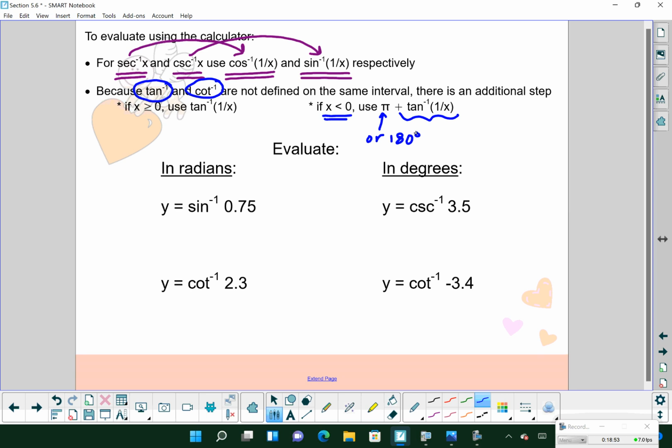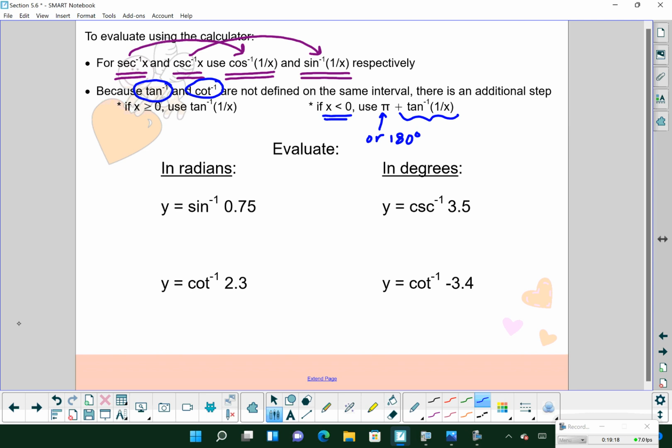Well, that's a half a rotation around my circle. So to adjust for that, rotate a half way around. That would be either by adding pi, that's a half rotation in radians, or 180 degrees if you're in degrees. So this is only going to happen if you're doing an inverse cotangent that's negative. This is one special case that's not going to work in our calculator very well.